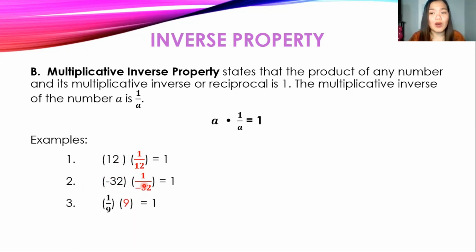Also, if we have 1 over 9, its inverse or reciprocal is 9 over 1 or simply 9. So we have 1. Also, if we have 2 over 7, its reciprocal is 7 over 2. Just flip it. So if you have 14 over 14, it is still the same as 1.